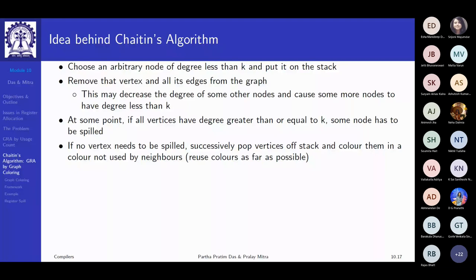So in the process of removing nodes from the graph and pushing them to the stack, we will eventually be able to remove all vertices from the graph. And once that has been done, then we successively pop the vertices from the stack one after the other. And we start coloring them with a color which is not used by its neighbors. And naturally reuse colors as far as possible, right? So this is a simple algorithm.